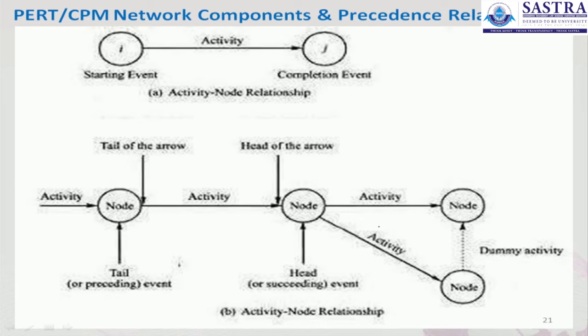It is not a thick arrow; we mention a dummy activity as a dotted arrow. Suppose, for example, there is A, and from A we have an activity to B, and this is C, and from B to C we have some other relationship that was not mentioned, so we have to make it a dummy activity.